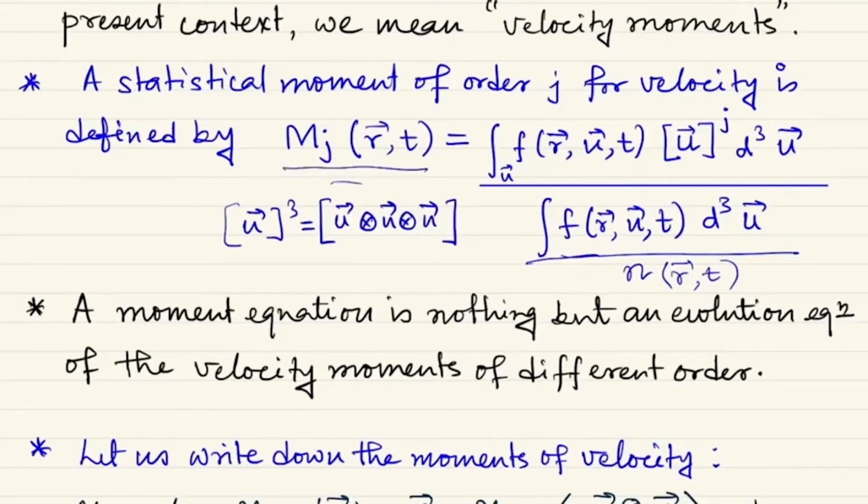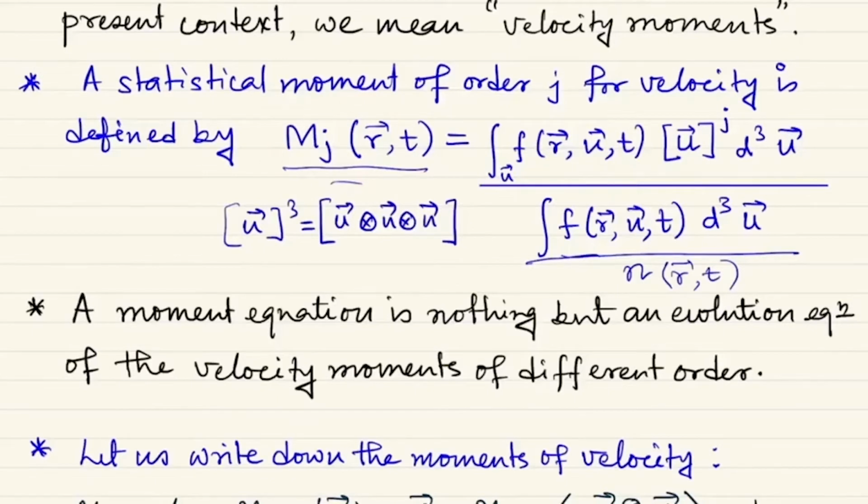A moment equation is nothing but an evolution equation of the velocity moments of different order. So this is the moment of order j for the kinetic velocity, and a moment equation is the equation which involves the ∂t of this m_j.